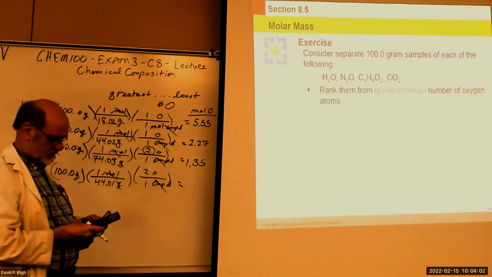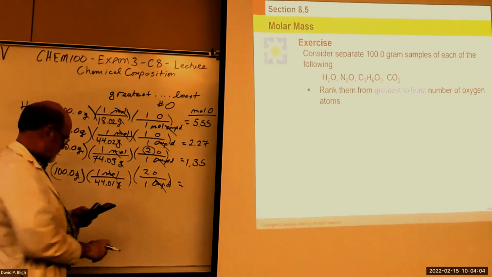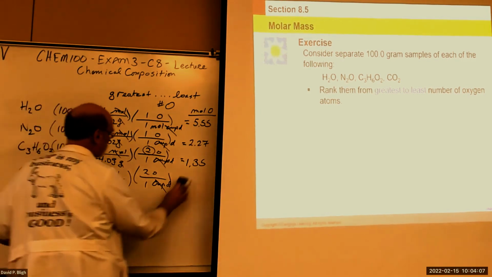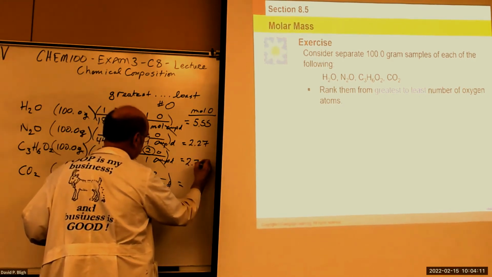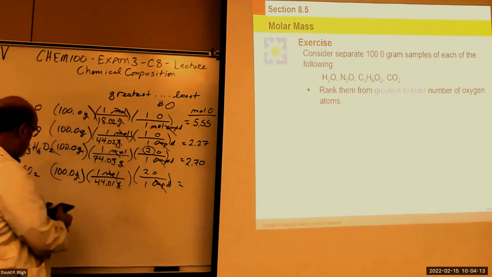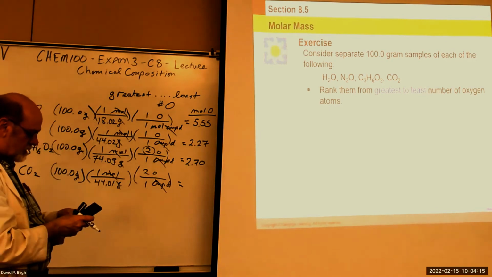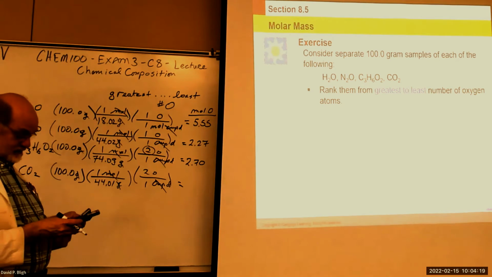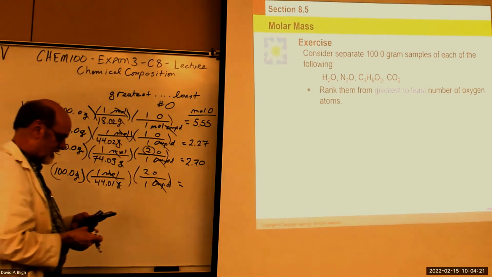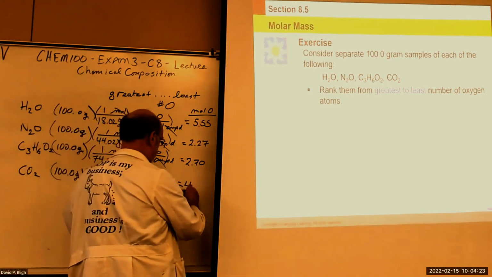Times 2. 2.70. And then 100 divided by 44.01 times 2 is 4.54.